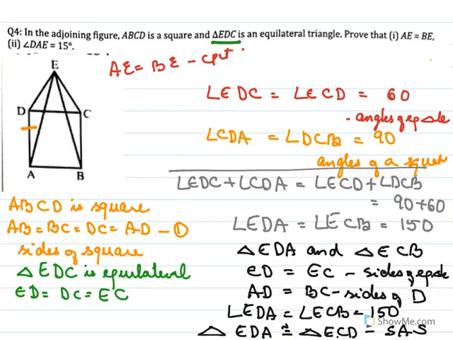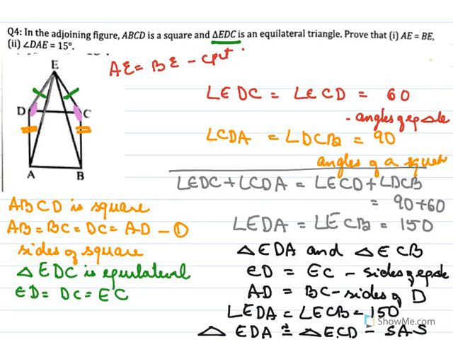Let's go over this again. So I had this side equal to this side, sides of square. Then I have DE equal to EC, sides of equilateral triangle. And then I had this angle here, which is 60 plus 90, 150. So by SAS test, the triangles were congruent. Which triangles?